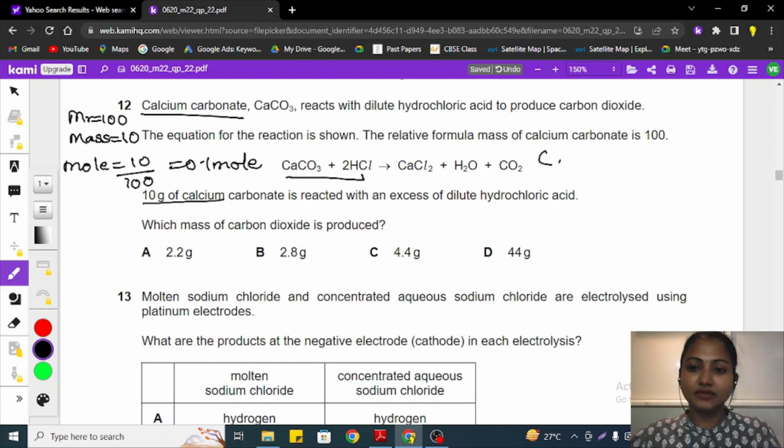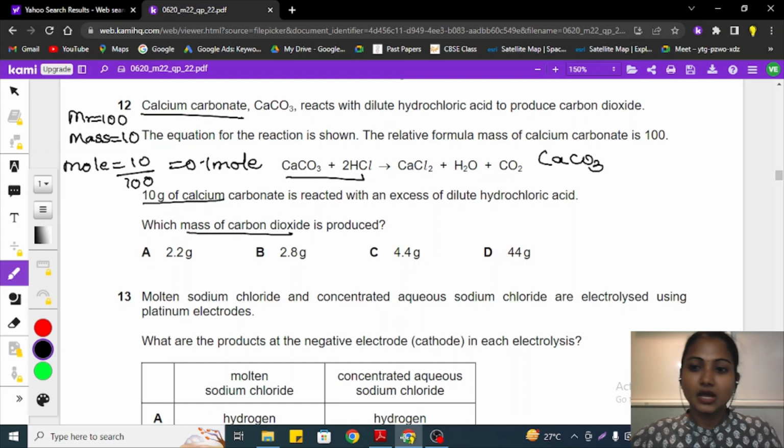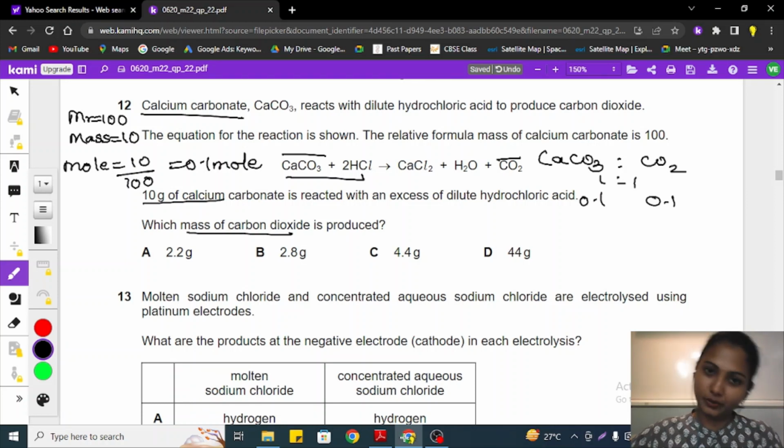Now, we have to find out the mass of carbon dioxide. If you see in the chemical equation, that is very important as they have given the chemical equation, calcium carbonate and carbon dioxide are in the same ratio. That is 1:1. So always remember in the mole concept, if the ratio is the same, the mole also remains the same, which is 0.1. So the mole for carbon dioxide is also 0.1.